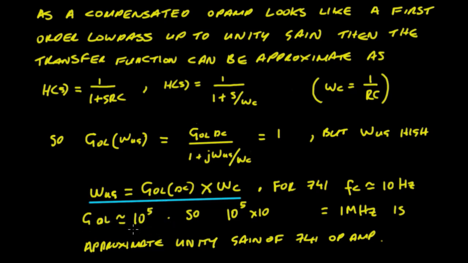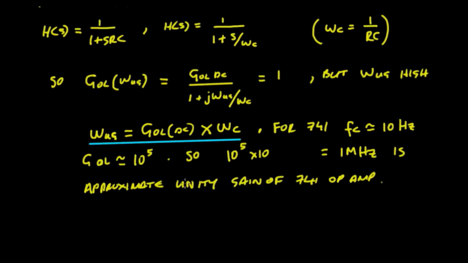So if we multiply 10 to the 5 times 10, we'll get 10 to the 6, which is approximately 1 megahertz, and 1 megahertz is approximately the unity gain frequency of the 741 op-amp, meaning the gain drops to a value of 1 at 1 megahertz. Okay, so that just shows that this little part of the proof does actually add up in reality.